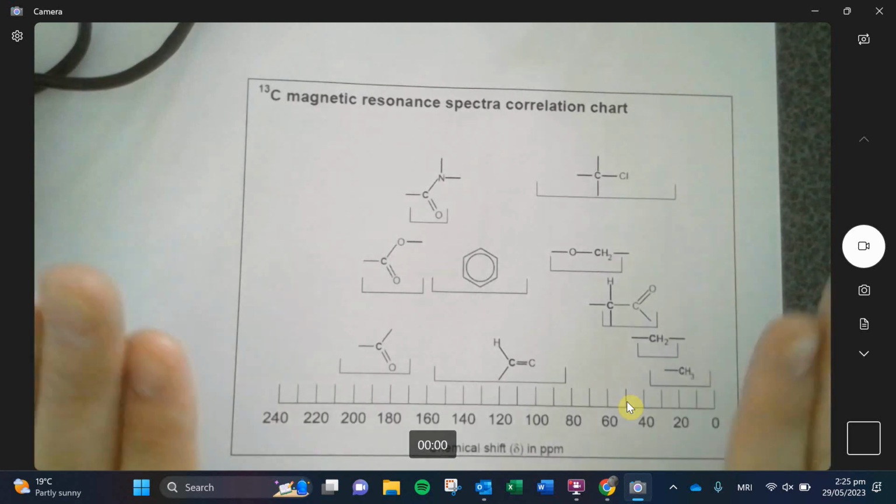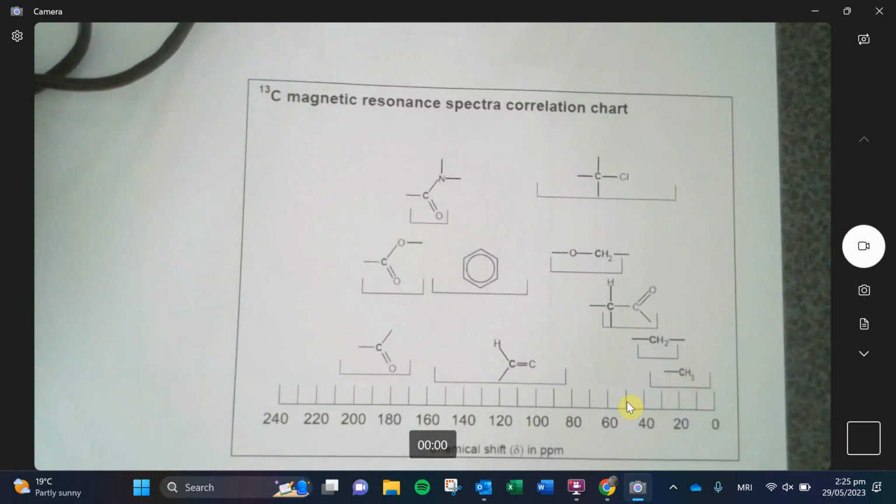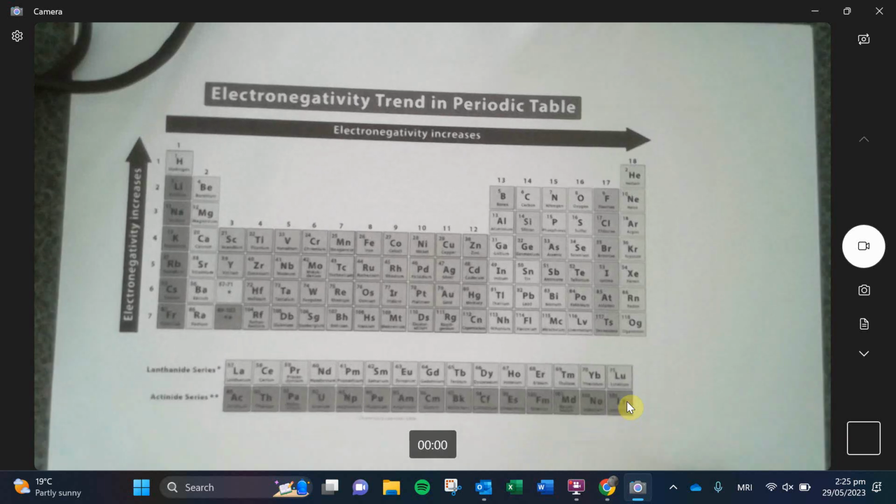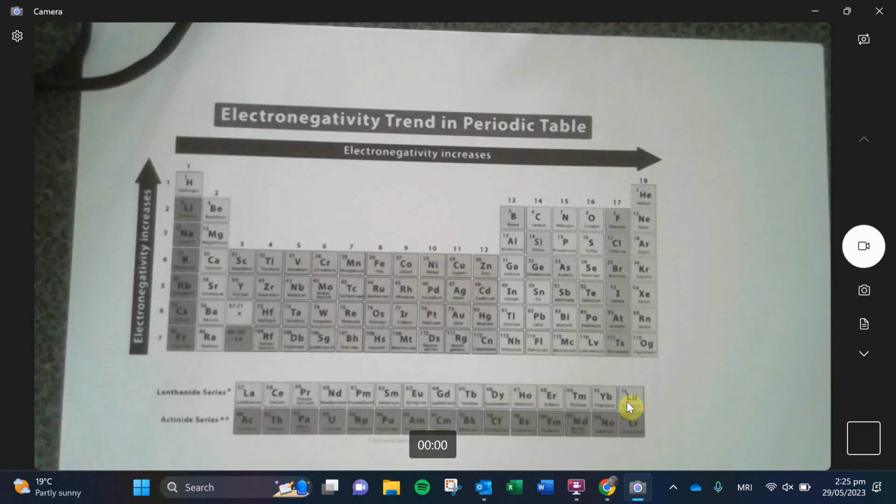The reason I want to use this visual representation is to explain why certain things are in certain locations. The reason for that has to do with electronegativity. I believe we talked about it last year, because we were talking about polar and nonpolar molecules, weren't we? Yeah.